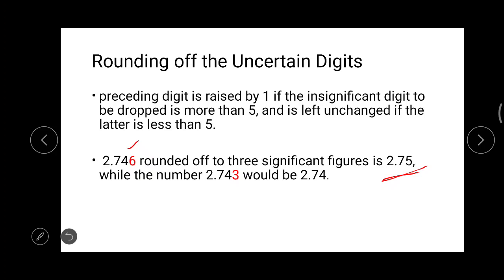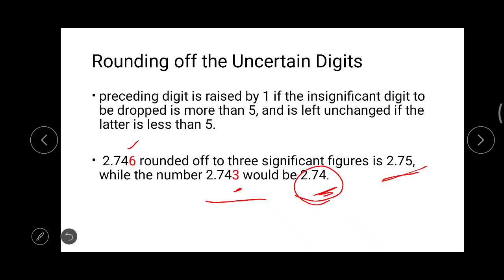There will be no changes in the preceding number. Here the example given is 2.73, where the insignificant digit is 3, that is less than 5, and hence there will be no change in the preceding number, that is the 4. So it remains as 2.74. Is it clear?